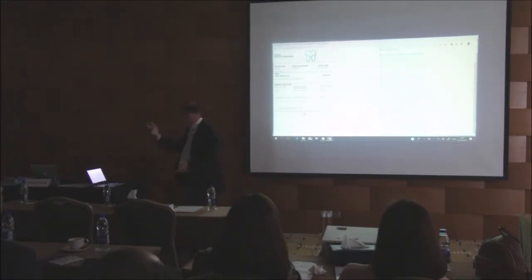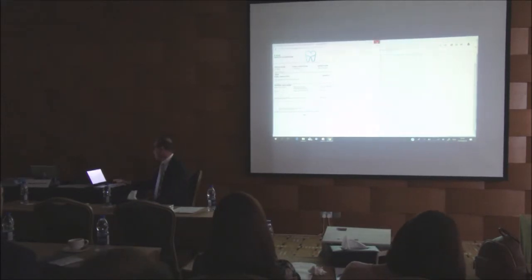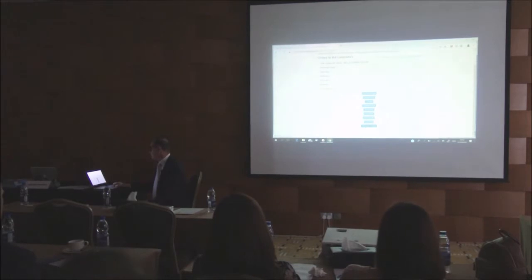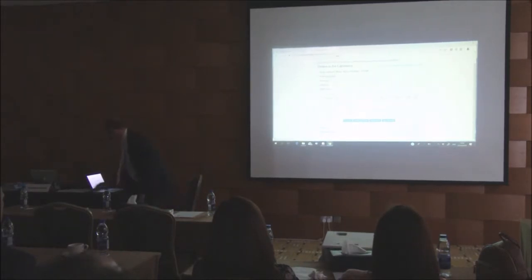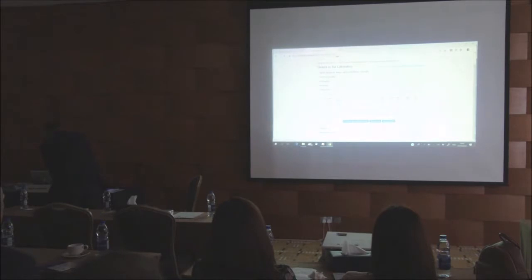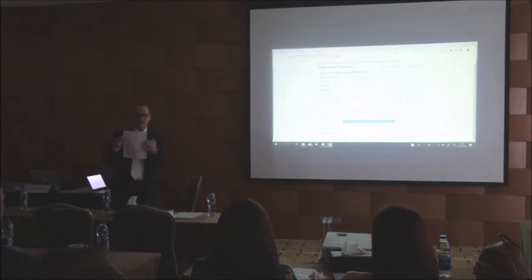And that can be printed and sent to the client at the time of the delivery if you want. So after material, you have something which is called work done. And work done is exactly the same. So you have a list, you have the price list.